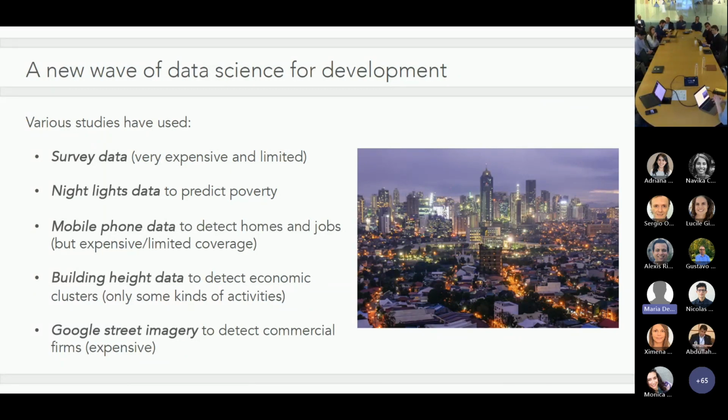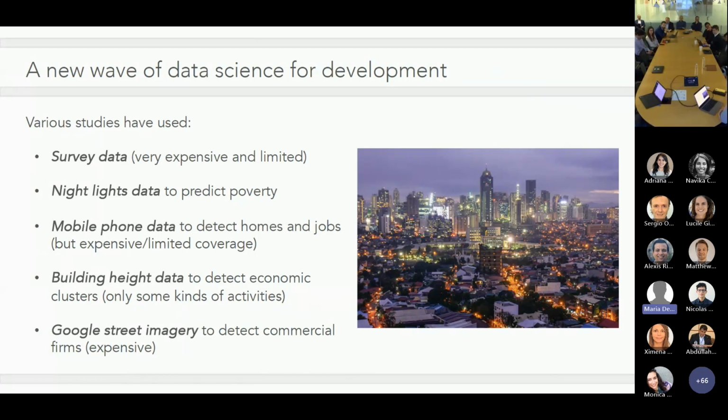Of course, we can use mobile phone data to predict where people live, where they work, how they move. There has been a wealth of recent studies that try to use open data on building heights to infer urban form in cities. There have also been many efforts to use imagery, both satellite imagery and street imagery, to detect all sorts of things, including the presence of firms in cities.